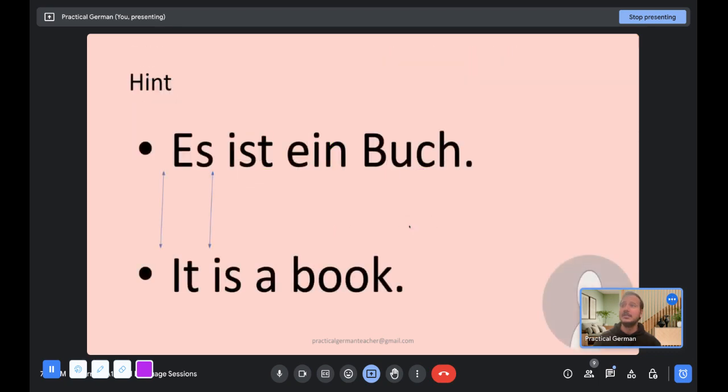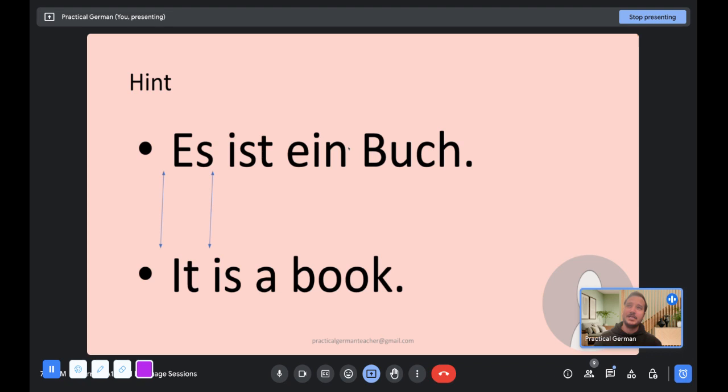If you know this, now if you want to say it is 18:30, then you need to know how to say "it is". So if I want to say it is a book, it is ist, book is Buch, and ein Buch. You remember this, right? Do you know whether Buch is masculine, feminine, or neutral?